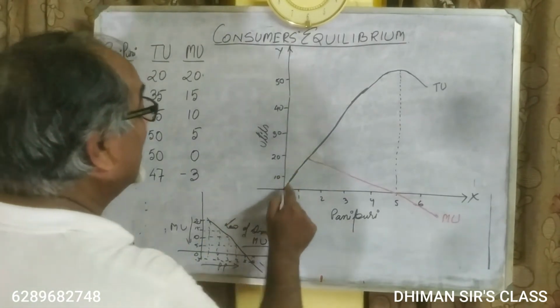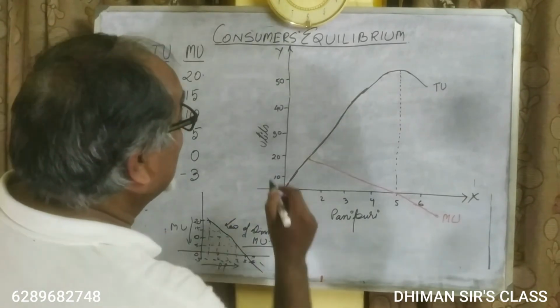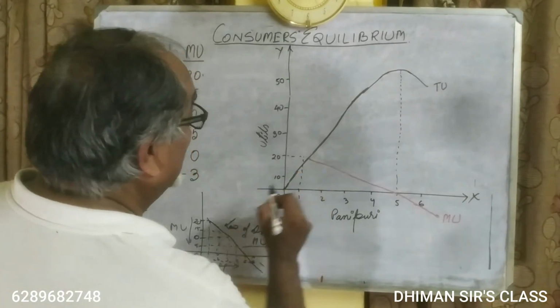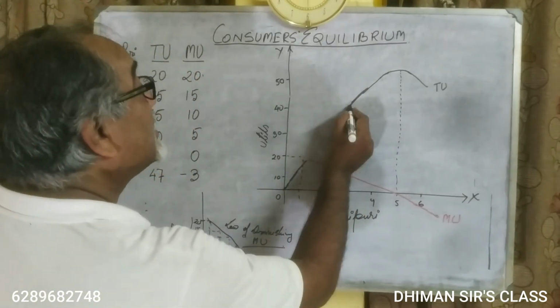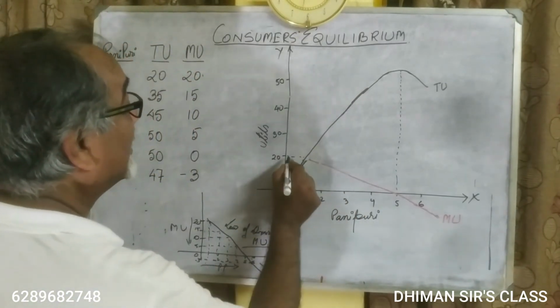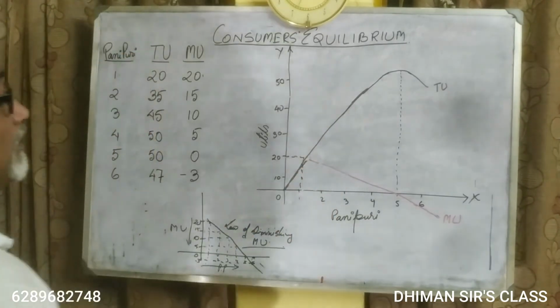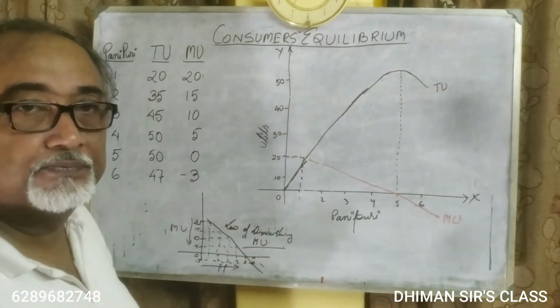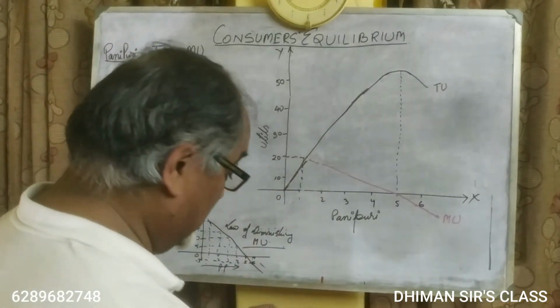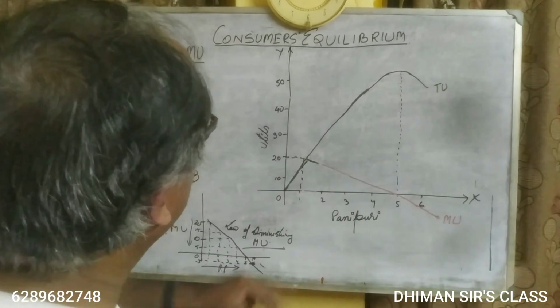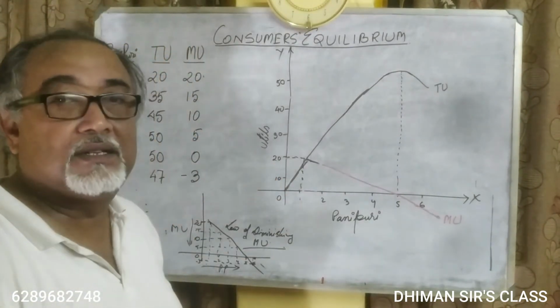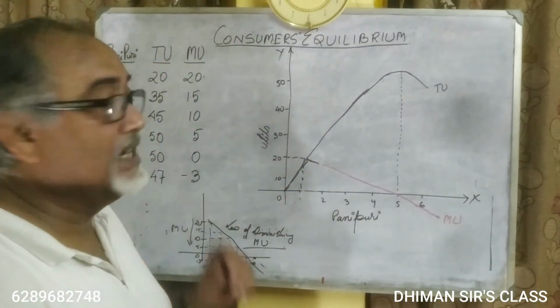Now slowly what I find, 1 unit of 1 plate I consume. Now let me extend this red line. Now 1 plate I consume, I get 20 utils of utility.